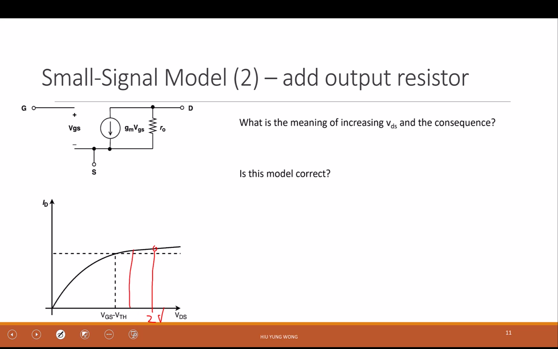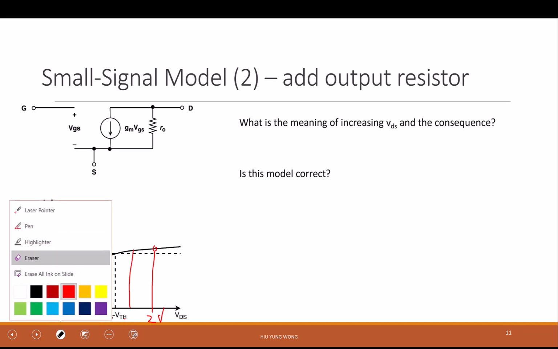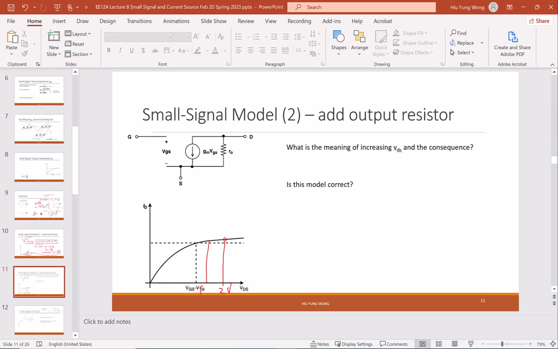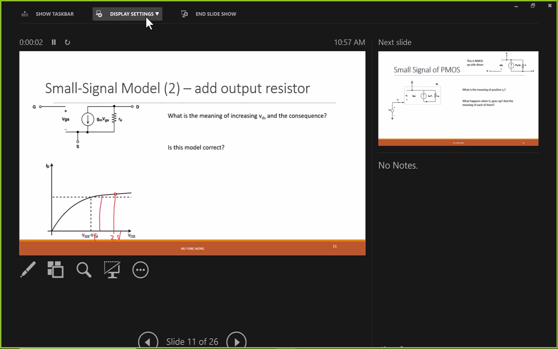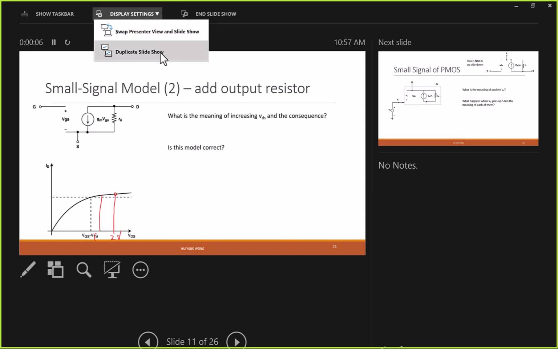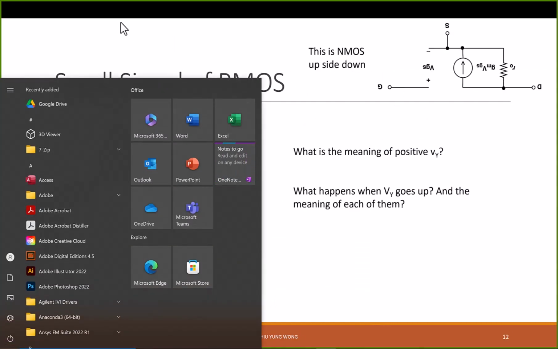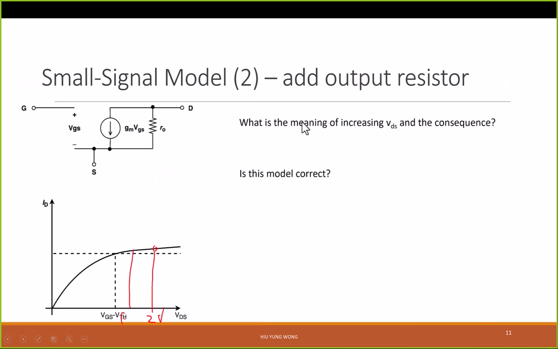Maybe this is 2.0, it changed to 1.99 volt. And then when you apply a larger voltage, 2.01 volt, right?